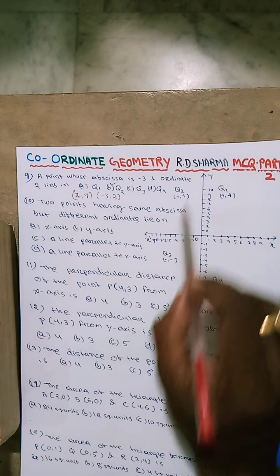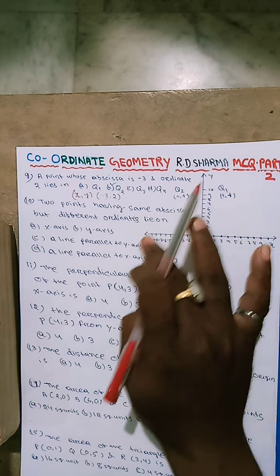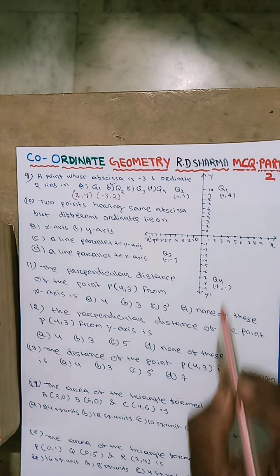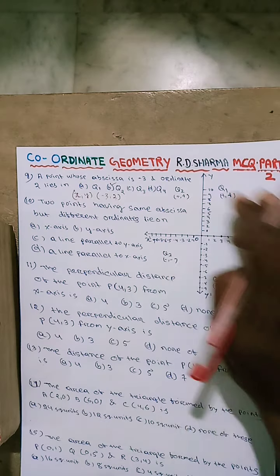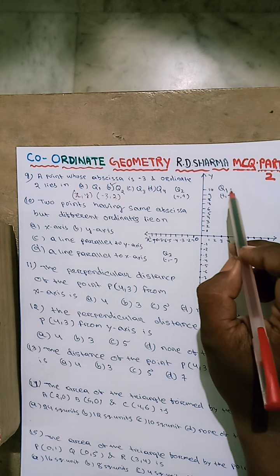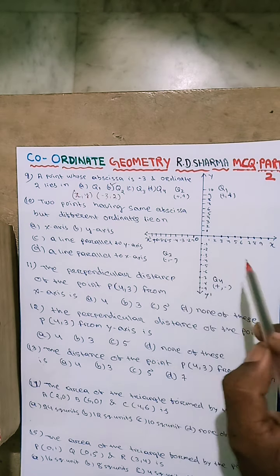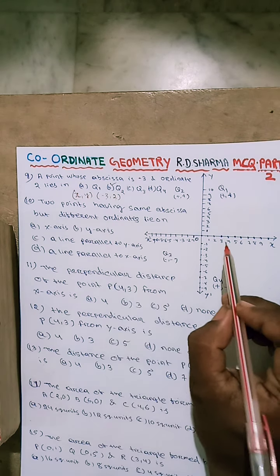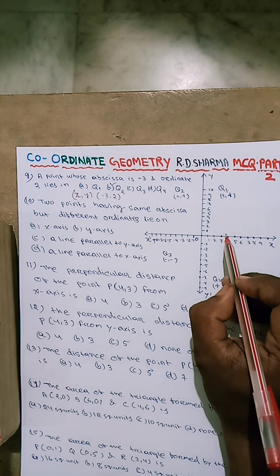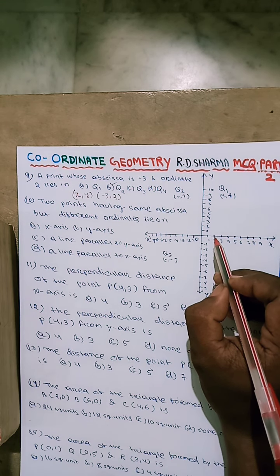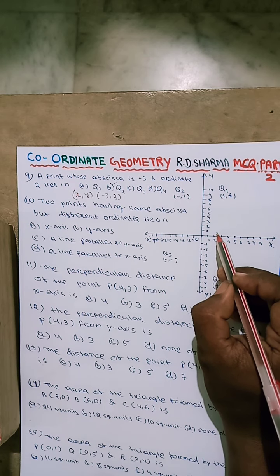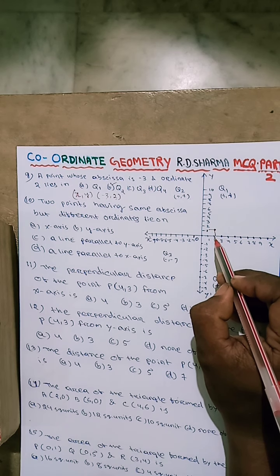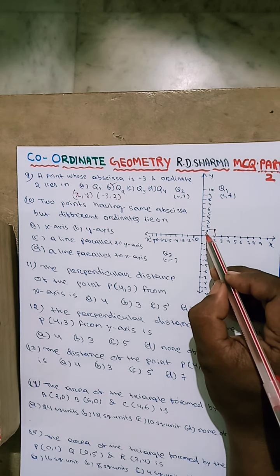Here, two perpendicular axes, x-axis and y-axis, intersect each other at the point O, which is called the origin. So the plane is divided into 4 parts, that is Q1, Q2, Q3, Q4. Then the abscissa of the 2 points is the same. Suppose take the first point (2, 1): abscissa 2 and ordinate 1.